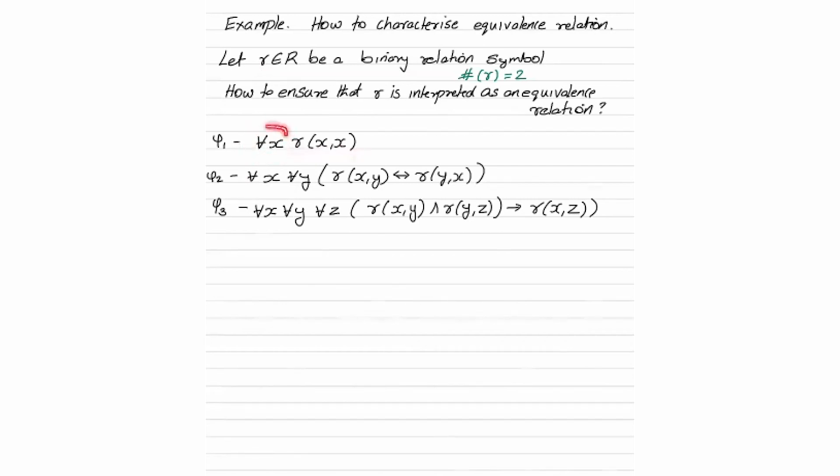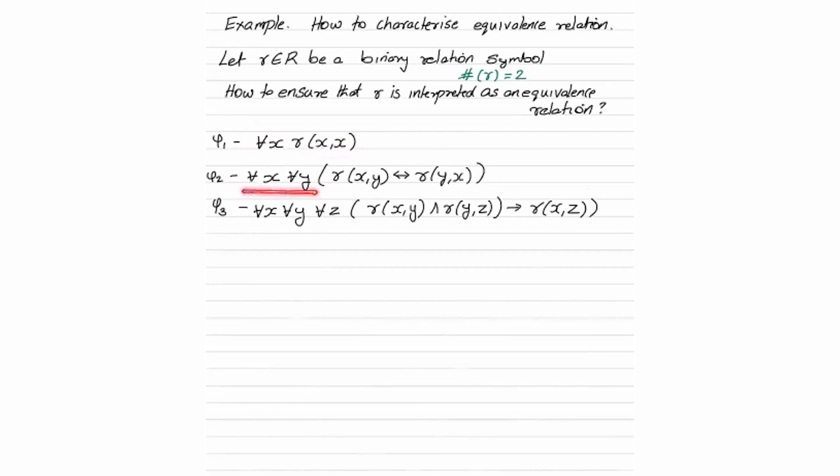What is the interpretation of for all here? It says for all values in the underlying domain, the relation is reflexive on the value. So this quantification, you can think of it as quantification over the underlying domain. You have some underlying set, and this is quantifying over all elements in the underlying set. All right.